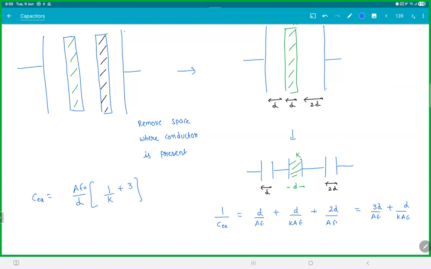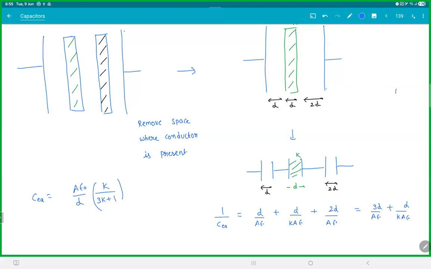Maybe I should get it reverse. 3 plus 1 by K, so it will be 3K plus 1 by K. I will get reverse: K by 3K plus 1. Got this? Any doubts on this part?